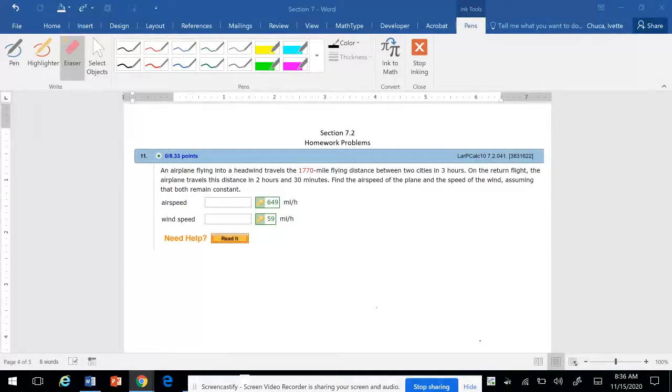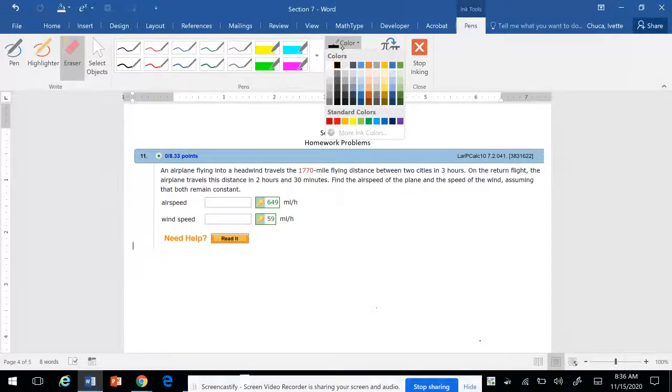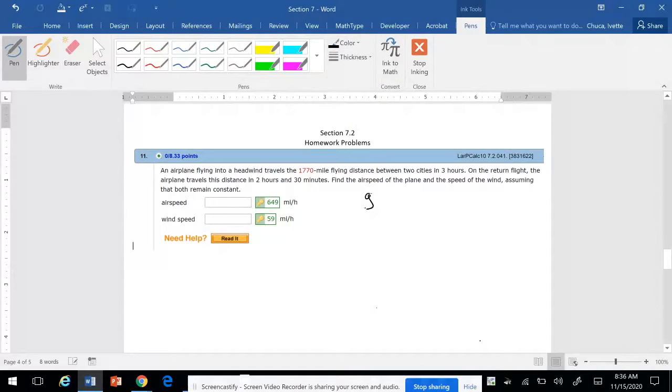So first, we're looking at two trips. We're looking at when we're going and when we're returning. On our way there, they talk about traveling into a headwind. So headwind means flying against the wind.